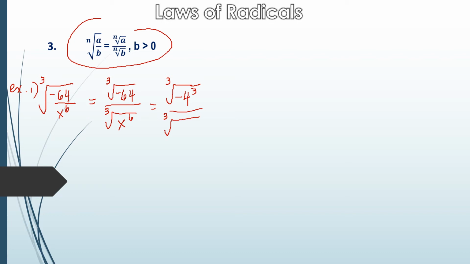Same with x to the 6th power. So x to the 6th power is the same as x squared quantity raised to the 3rd power. Now applying the first law of radical, the cube root of negative 4 raised to the 3rd power is negative 4.